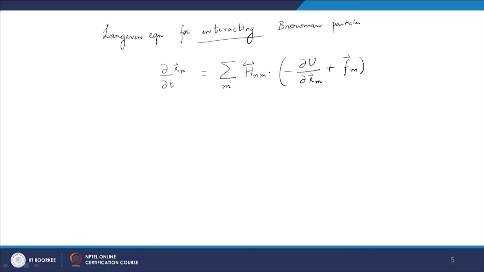So, earlier, just to recall, we had an equation that was like, and now the equation is modified because we are considering the interactions between various particles, or considering the fact that the force acting on any particle affects the motion of all the other particles in the system.